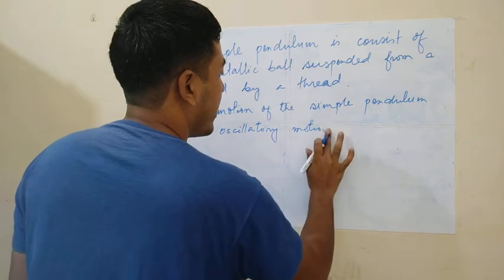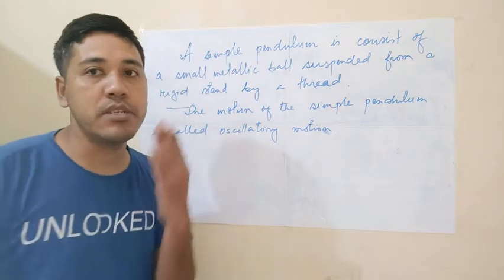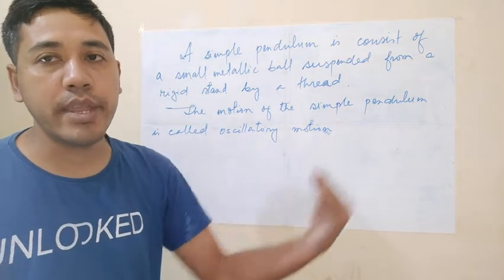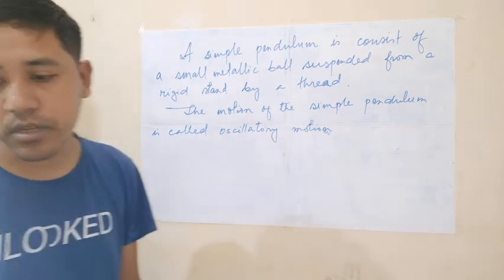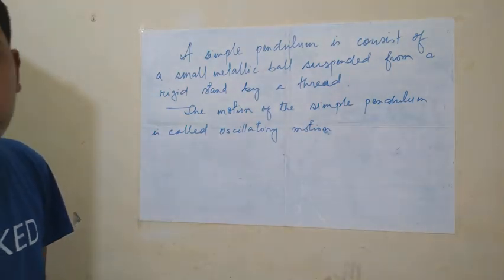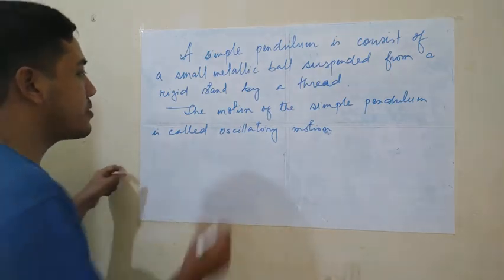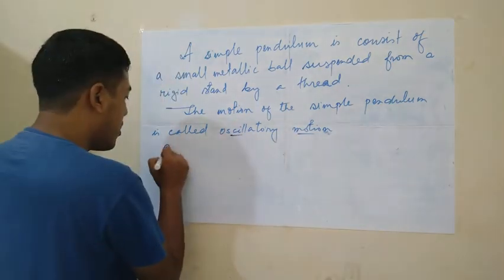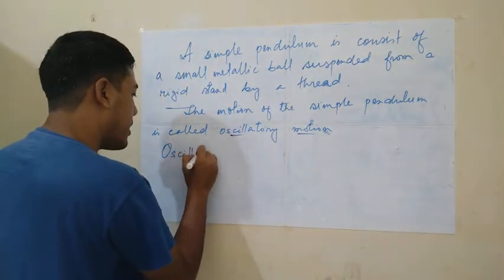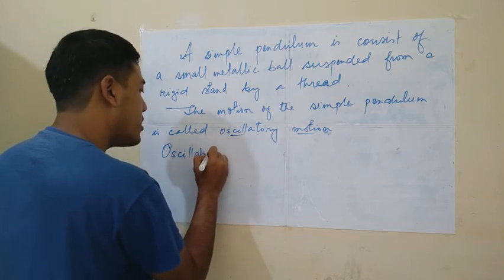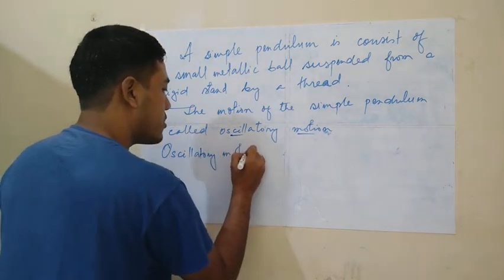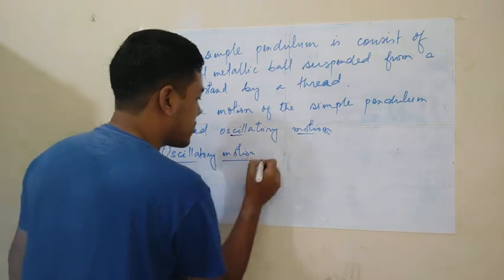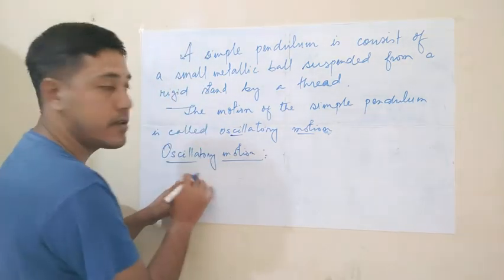The movement of a simple pendulum is known as the oscillatory motion. You can define oscillatory motion in a simple way. This is the definition.